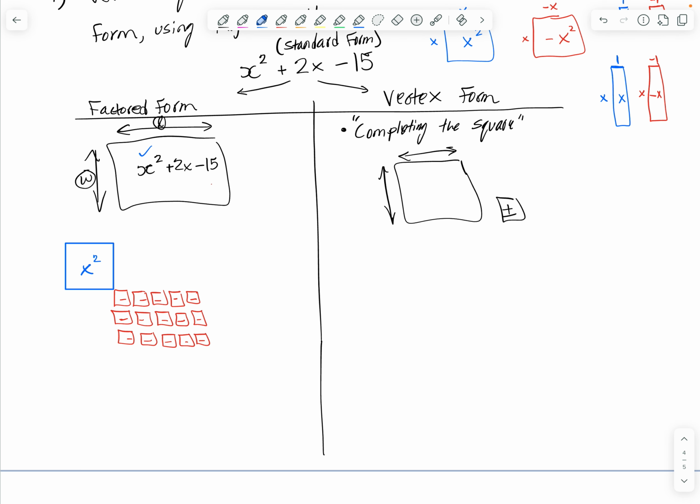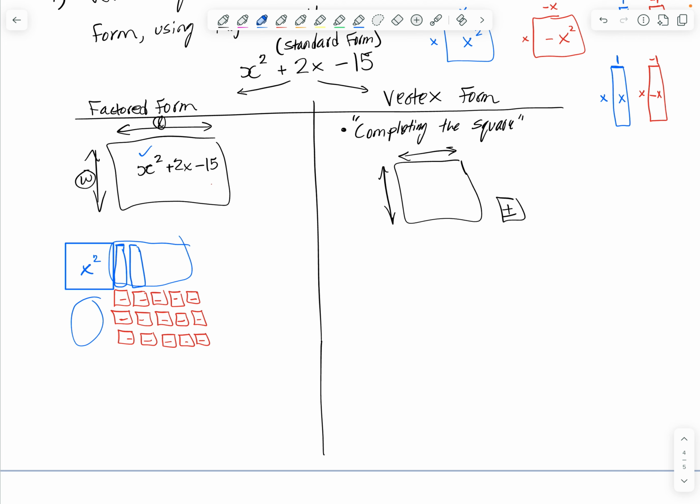Now I can go ahead and fill in the positive 2x, but you just have to be careful here, right? I want to fill them out like this, so I have my 2 x's here. You have to be very careful because whatever side you're doing, you want to have all positives.